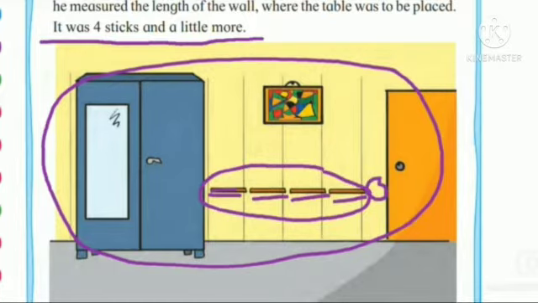Now students, see this picture. In this picture you will see the 4 sticks and a little more place over there. When Yash took the measurement, what did he get? He got 4 sticks and a little more place. So now he has taken the measurement and he has to place a table of the same measurement over there.